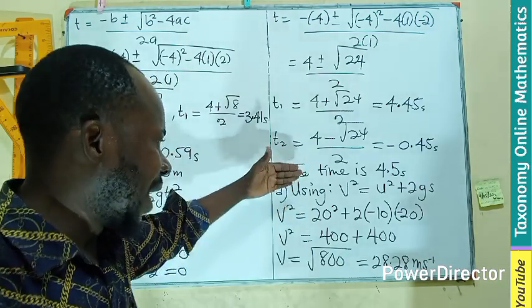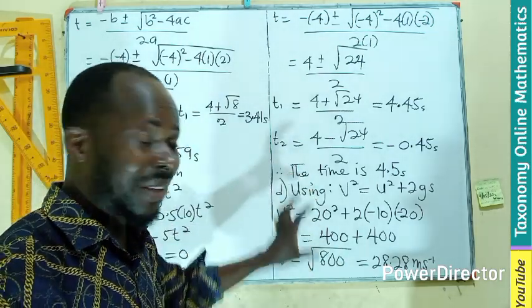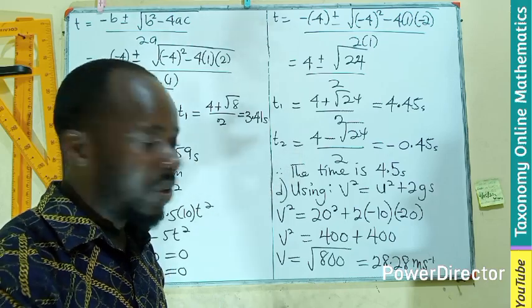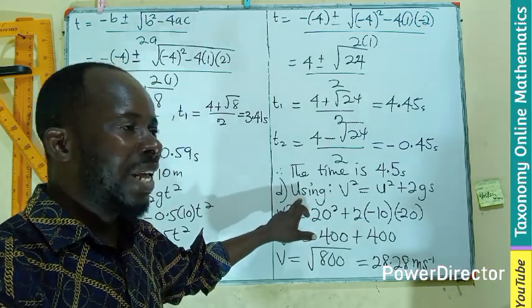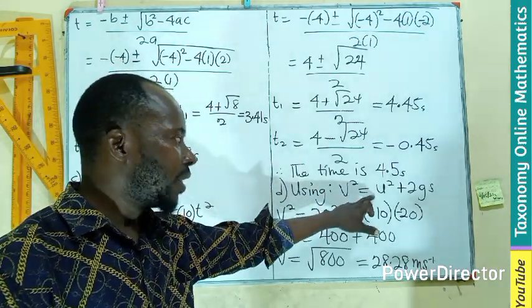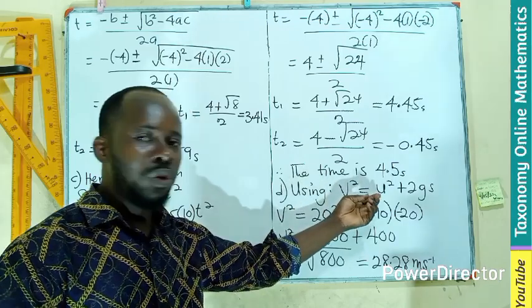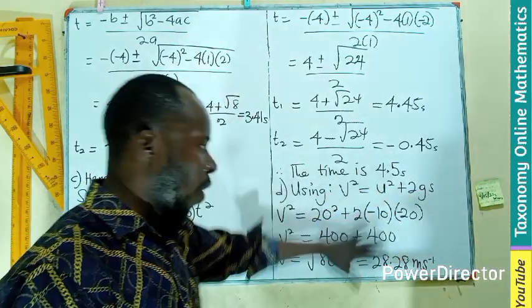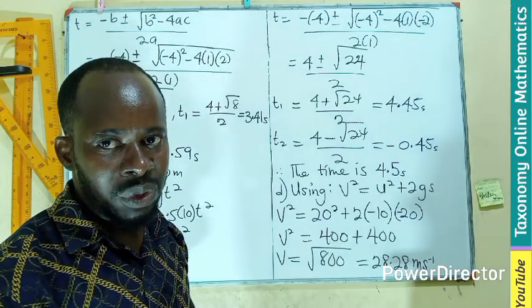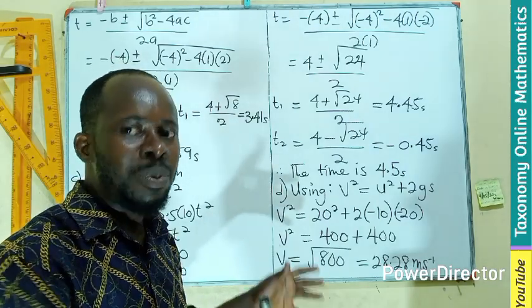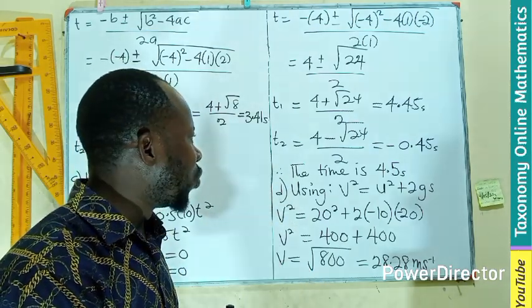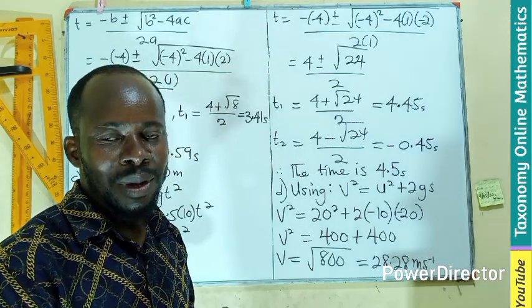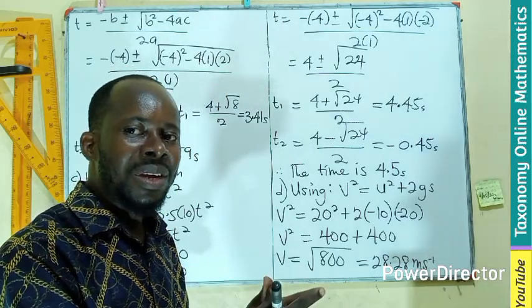If not, the calculation looks more or less like a skeletal calculation. Nothing is written into it. So using the equation of motion, you indicate the data, you indicate the values, before you start the substitution. I don't have enough space, so I am doing it in skeletal form, but you have to do it the right way.